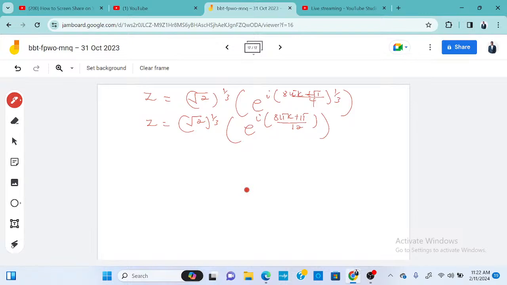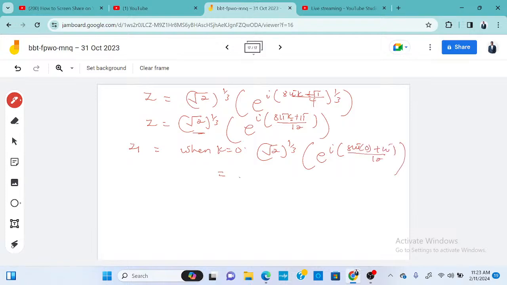I just find my Z1, that's the first root. I need 3 roots since it was Z cubed. It's when k is equal to 0. So I just put 0 at this section and I'm going to get square root of 2 all to the power 1 out of 3 multiplying the expression e to the power i, then this is 0, so 8 pi multiplying 0 plus pi on 12.